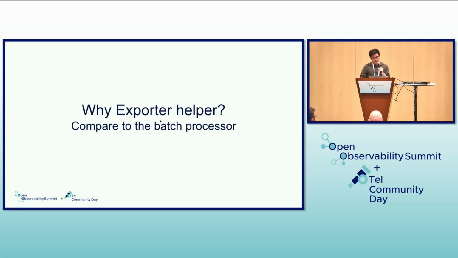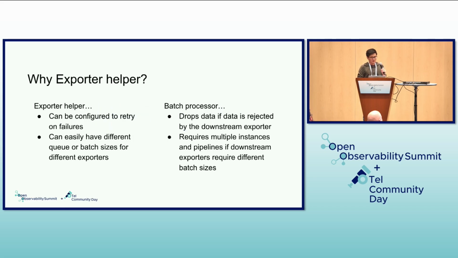And if you are an experienced OTel collector user, you may be wondering, some of the exporter helper functionality sounds very similar to a commonly used component called the batch processor. So why do we want to use exporter helper rather than the batch processor? Here are some reasons.